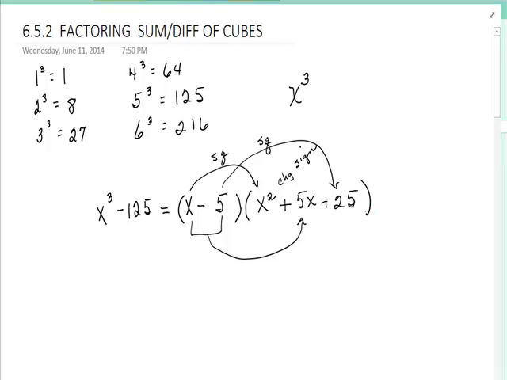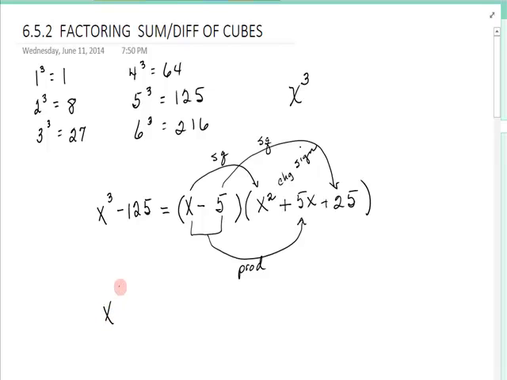So let me say this. Cube roots. Square, change sign, product, square. Literally, if you will say that about 10 times, you will remember it. Square, change the sign, product, square.